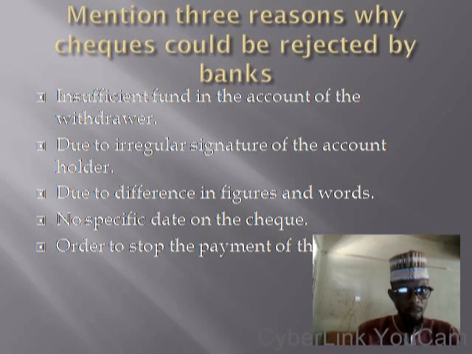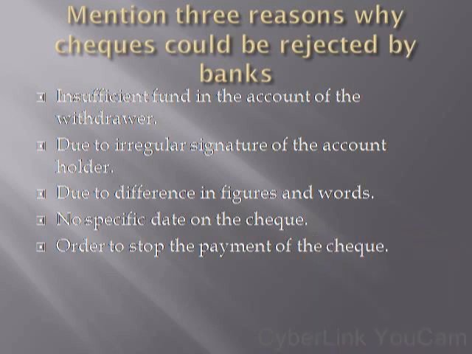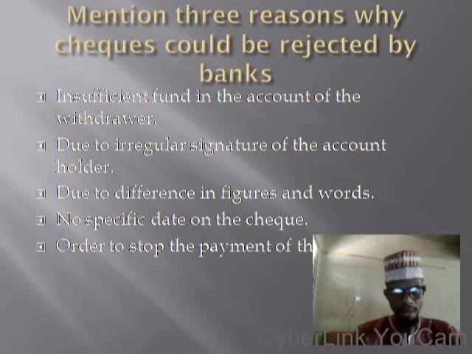Now the last one, order to stop the payment of the check. Yes, if you order your bank, after you have issued a check to your customer or a particular person, that they should not honor that check, when you present that check, the check will be rejected. And those are the reasons why a check is rejected.